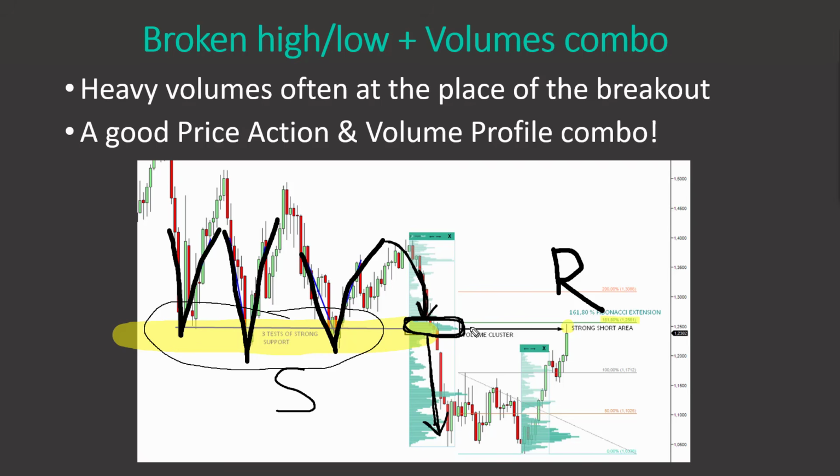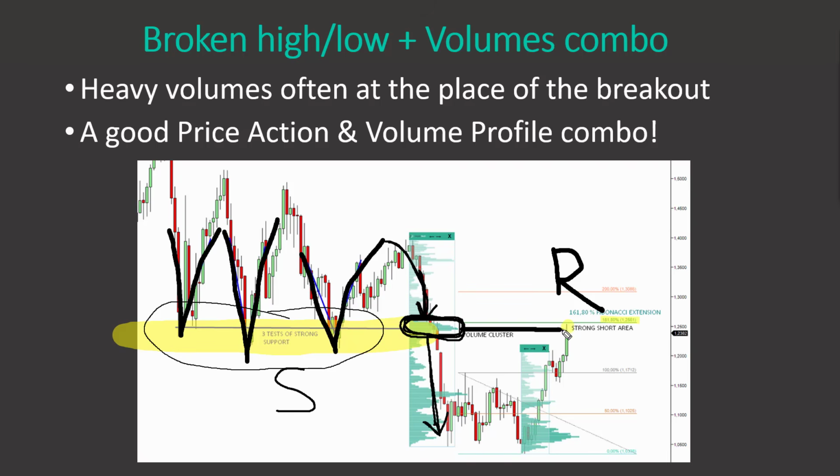But this was a very strong resistance. Not only were there those 3 rejections which turned into a support, but we also have that significant volume area here, right? Remember when I told you that heavy volume areas work as strong support and resistance zones? Well, this is it.